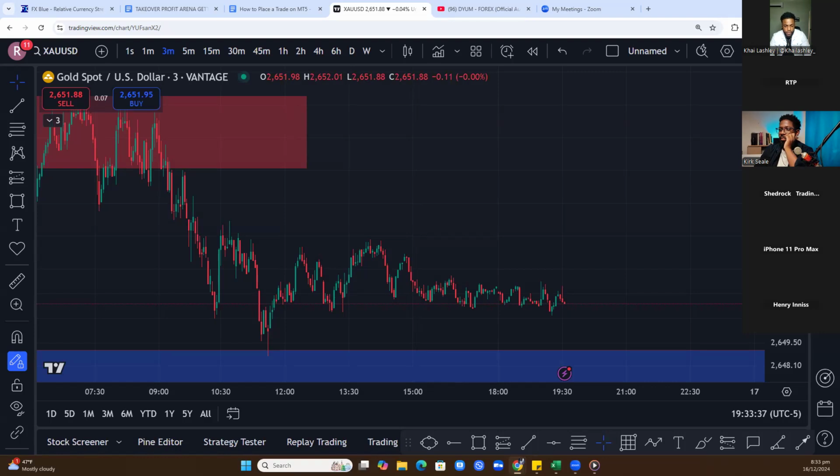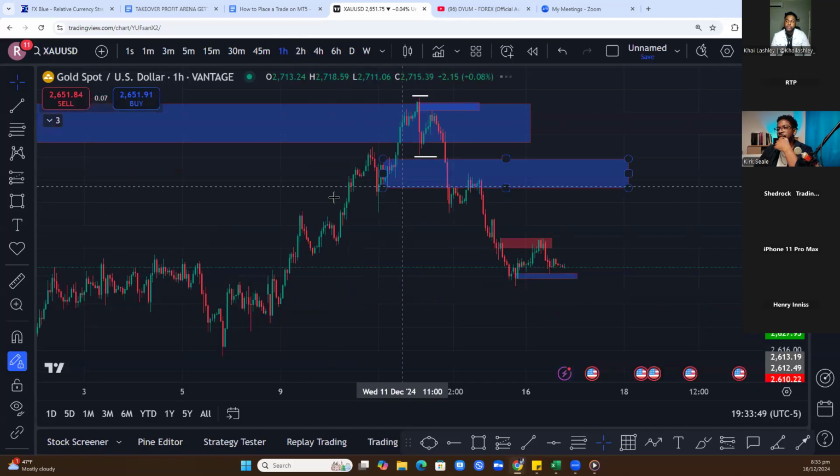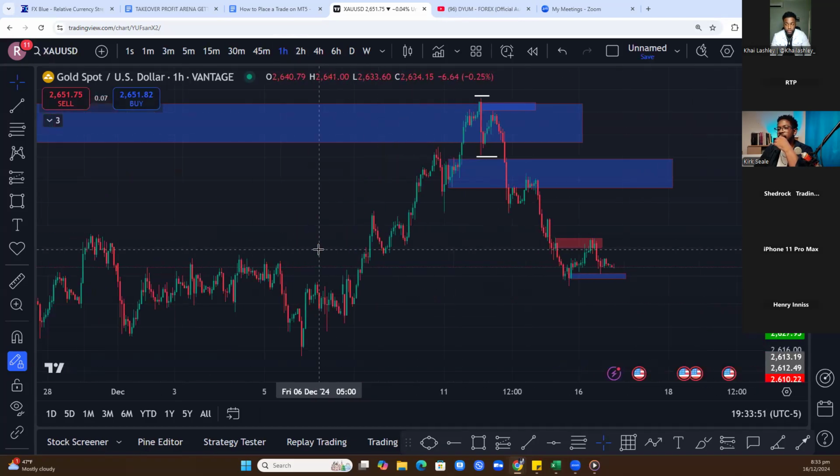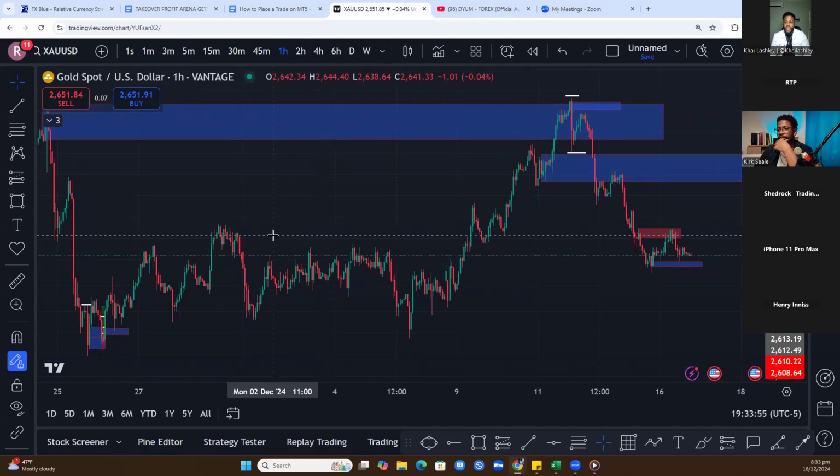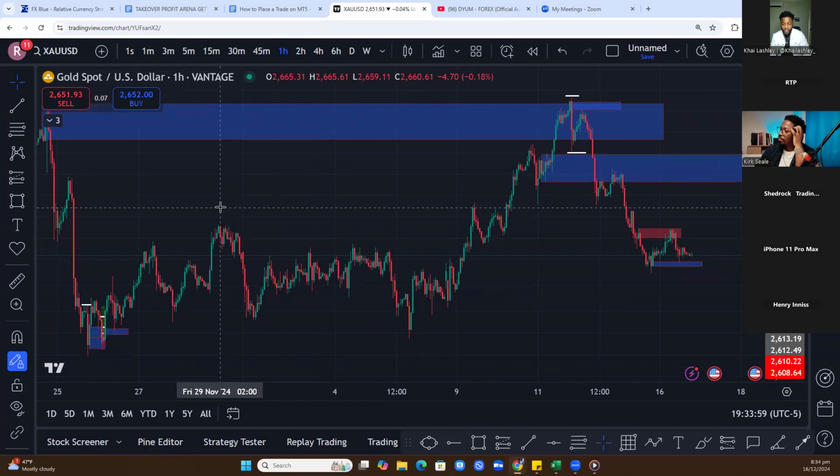Now I know more about how to use the fib retracement. People put this, they call it the golden ratio, right? And in 7 years, I've never seen the golden. It was never golden, bro. That 618 was never golden for me.